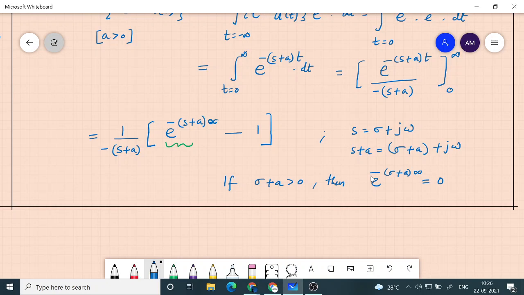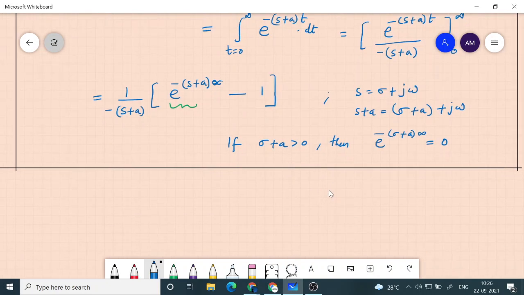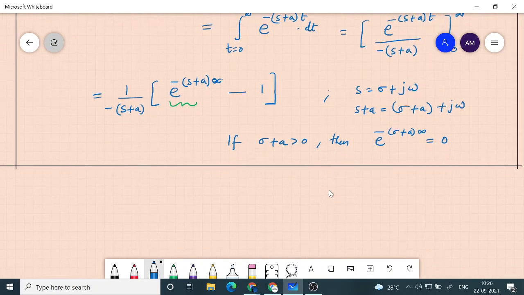If sigma plus a is positive, then it is e raised to minus infinity, so that is 0. So we need to make sure that sigma plus a should be positive.